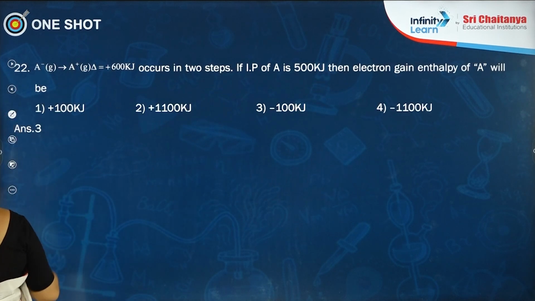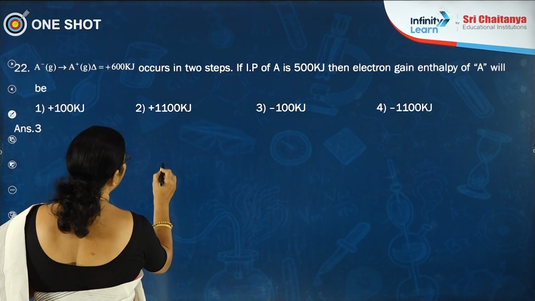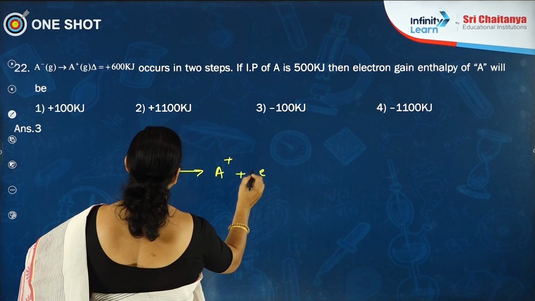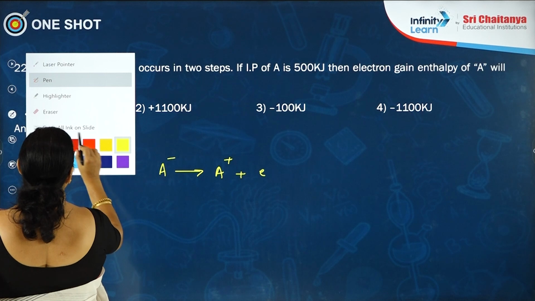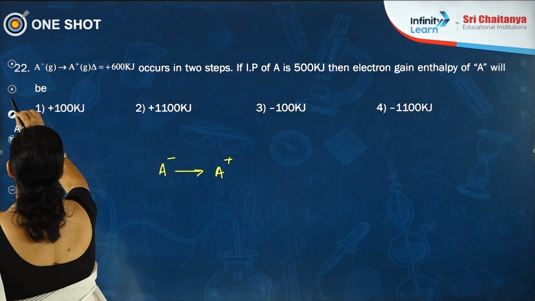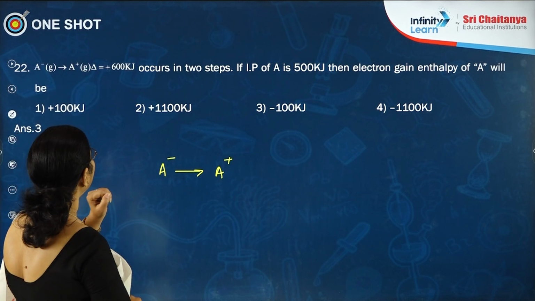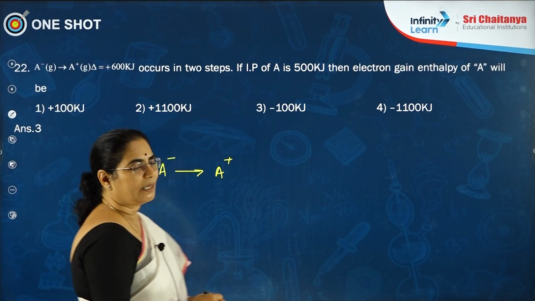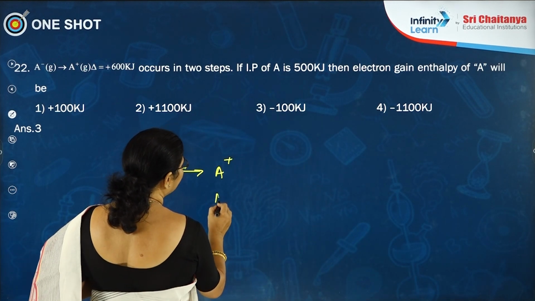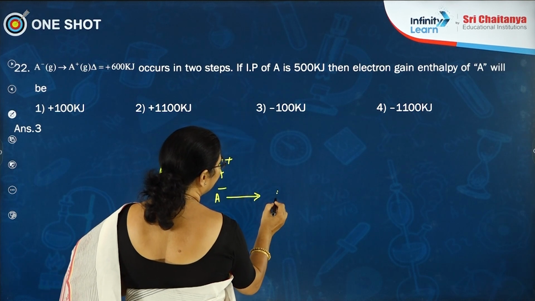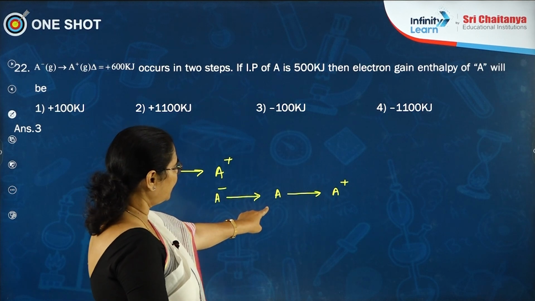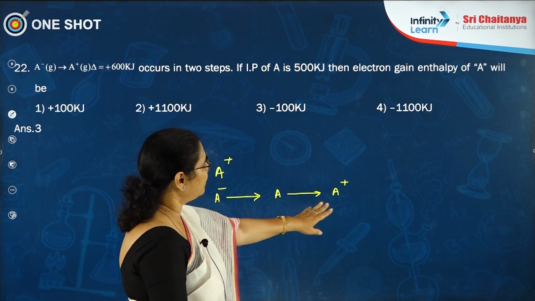Next, A minus gives rise to A plus. This is the question given, but we know that A minus cannot be converted directly to A plus. A minus will first be converted to A, and then A becomes A plus.